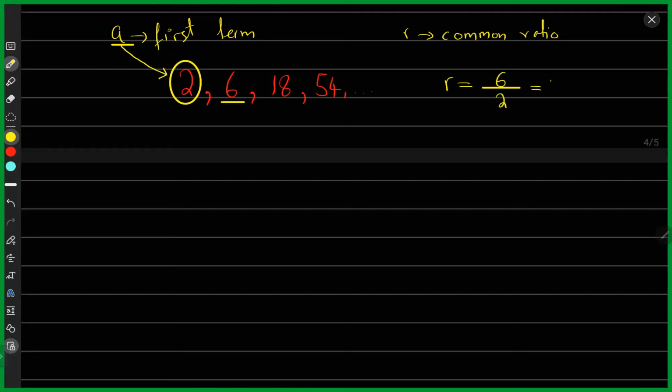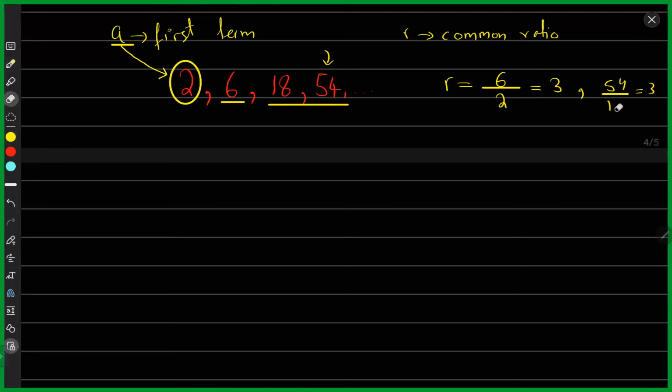This would give you 3. Let's say for some scenario you were not given the first 2 terms and you had some middle 2 terms. You just need 2 consecutive terms. Just pick up the second term and divide it by the previous term. And the common ratio is going to be the same.